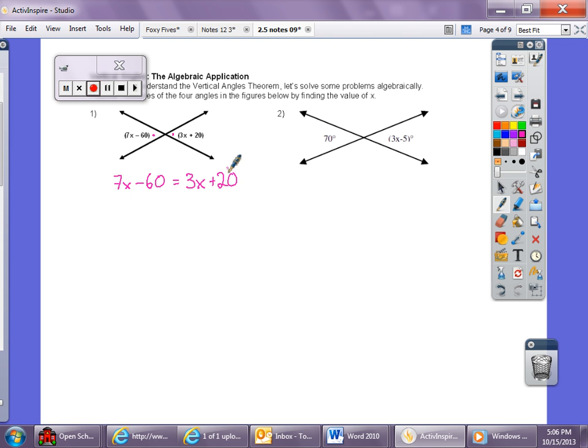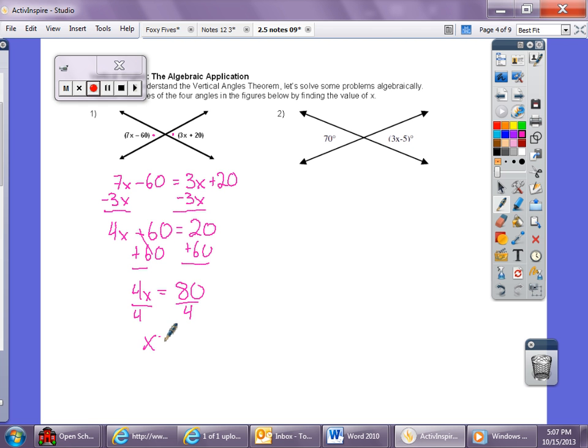Now we can simply solve this. Minus 3x on both sides: 7x minus 3x is 4x, minus 60 is equal to 20. Add 60 to both sides: 4x equals 80. Divide by 4. X equals 20.